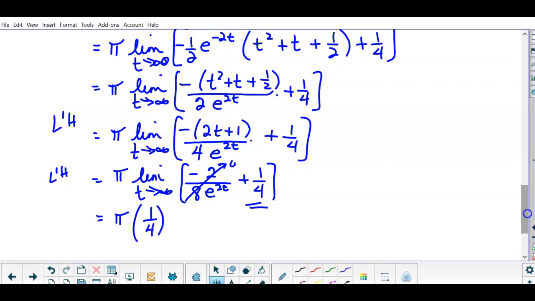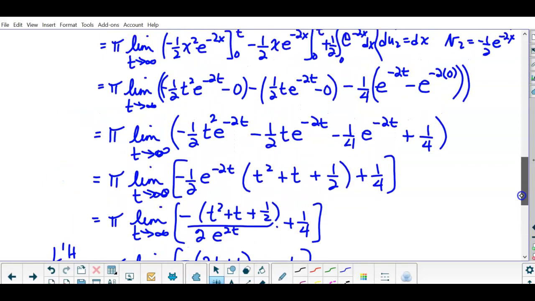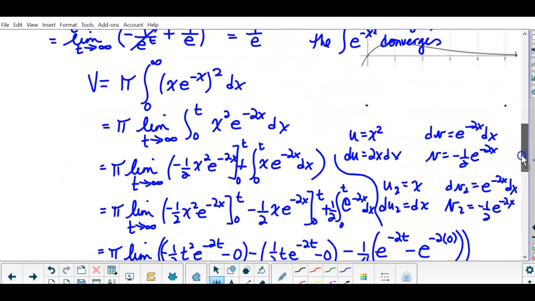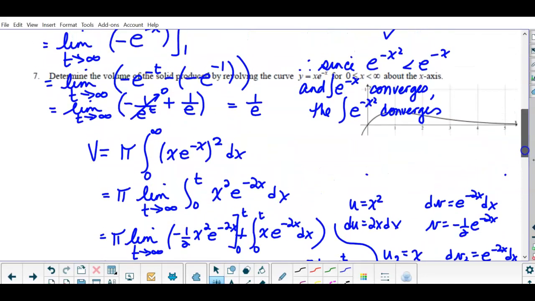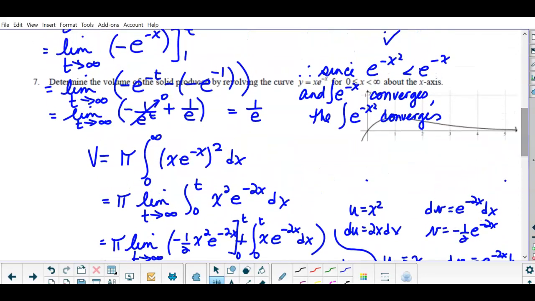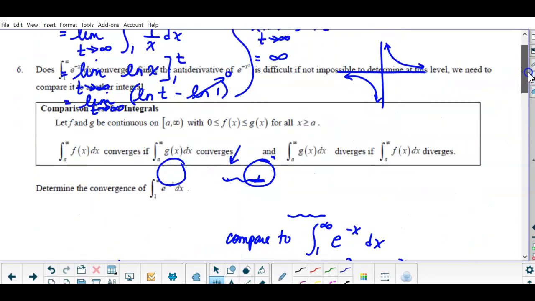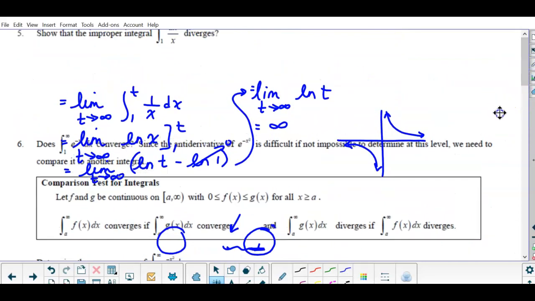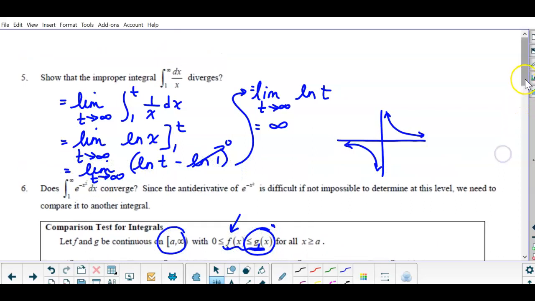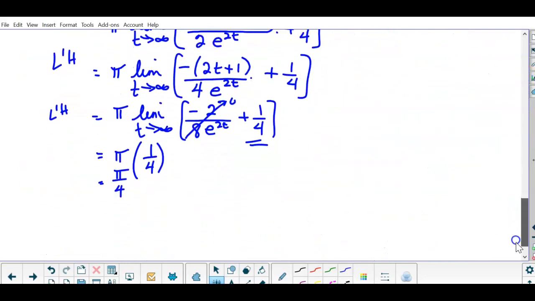So that's going to approach pi over 4. A lot of work. Probably not going to give you all that on a test, but it is really good practice, and I just kind of messed up that. Give me a sec here. There we go.